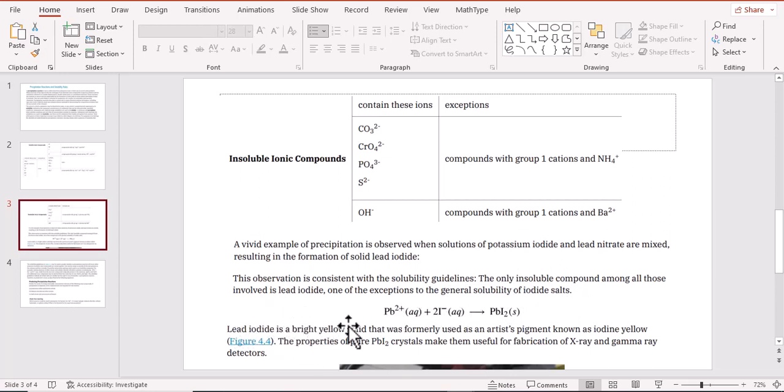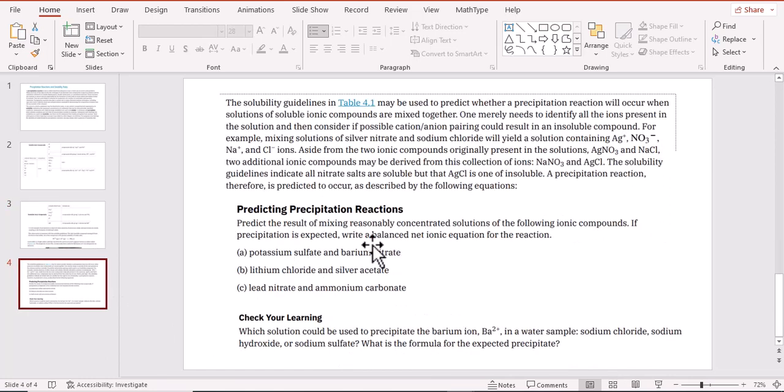Lead iodide is a bright yellow solid that was formerly used as an artist's pigment known as iodine yellow in figure 4.4. The properties of pure lead iodide crystals make them useful for fabrication of X-ray and gamma ray detectors. So they play a very important role.